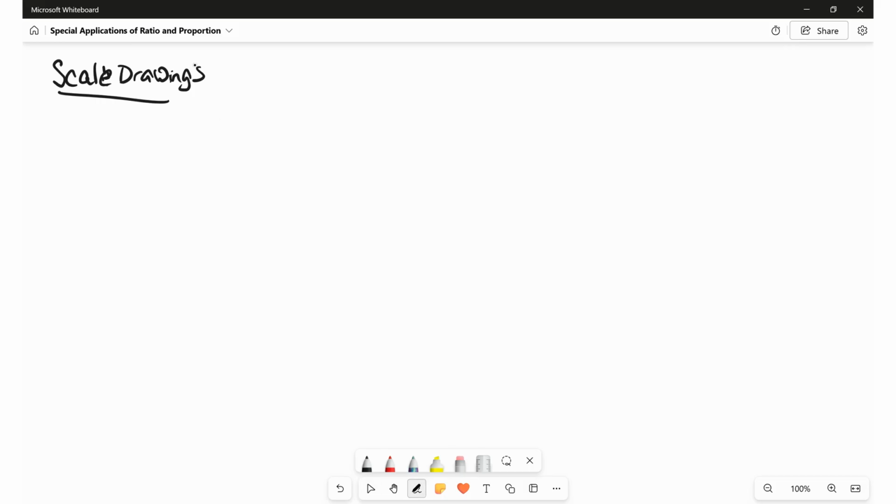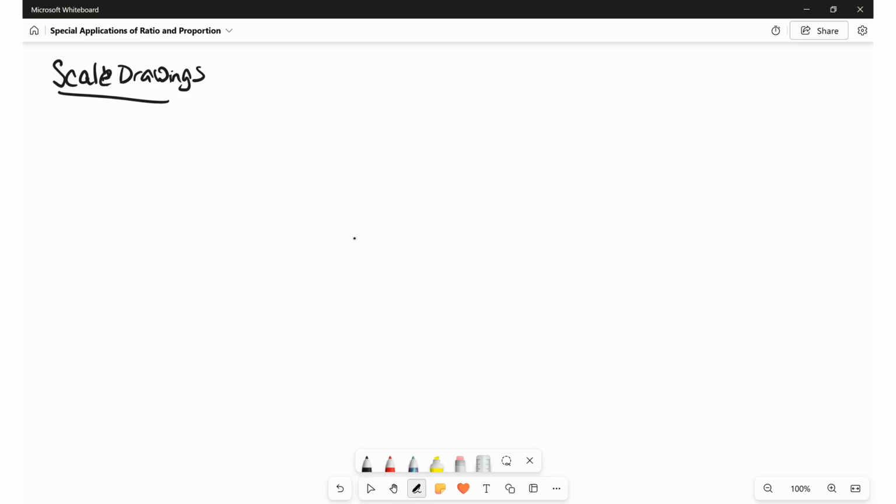Some really common scale drawings that we see are in architecture, when we are putting together drawings to figure out how we're going to build a deck.